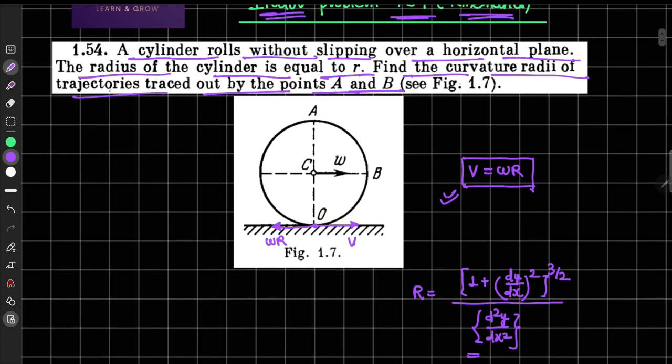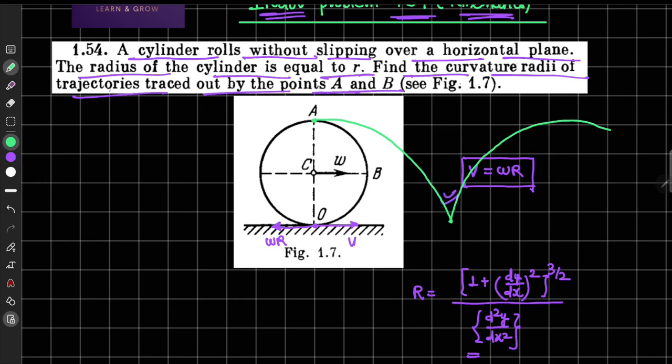Let us first talk about point A. The point A will start from this particular point and move in this direction, go to the bottommost point, and again start and go like this. At any point we can find the radius of curvature using the velocity in the tangential direction and the perpendicular force.